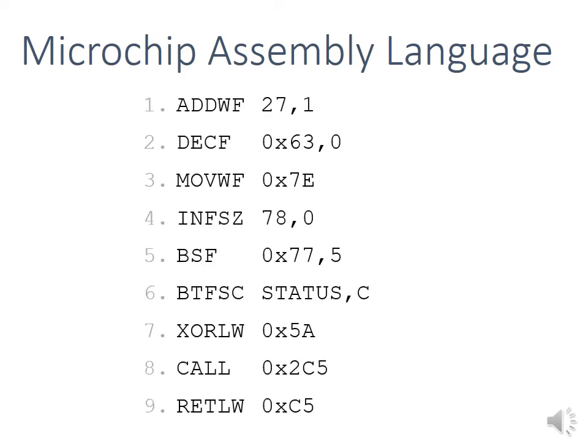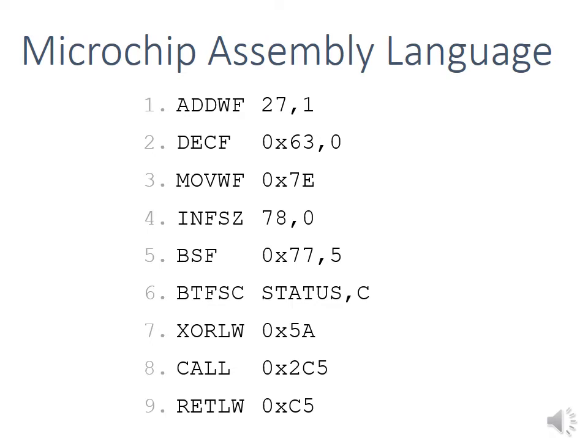We have here a number of instructions to illustrate how instructions are written using the Microchip assembly language. Instruction number 1 means add the value in the working register to the value in the file register at address decimal 27, then store the result in the file register at address 27 decimal.